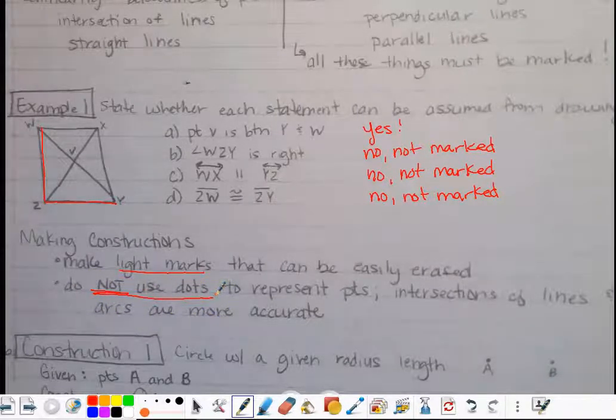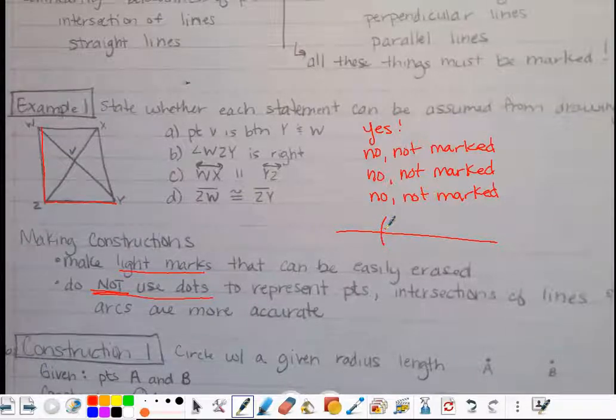Intersections of lines and arcs are more accurate, and I will show you what that means. To make a point, you have a line, and then an arc that your compass made. That's your point, right there, but you're not going to put a dot on it. You leave it just like that and label it A or whatever.